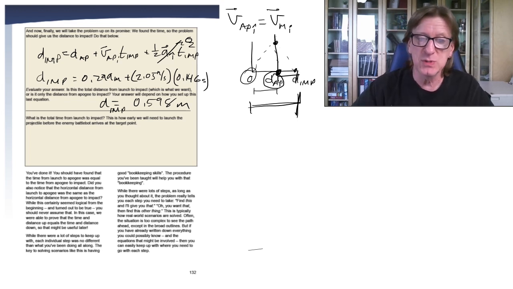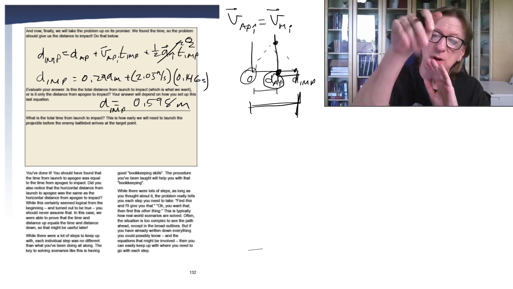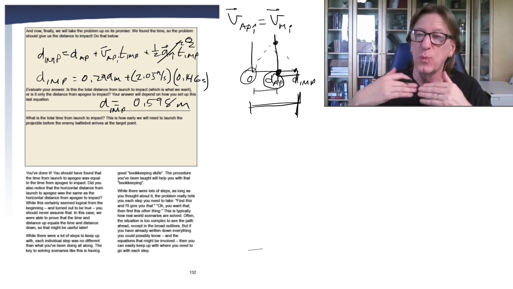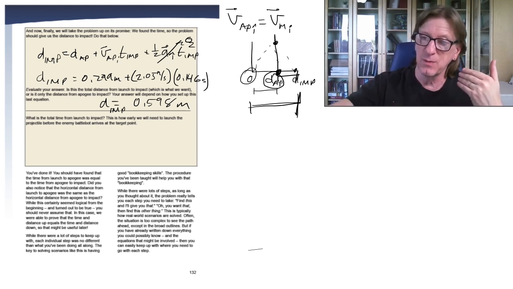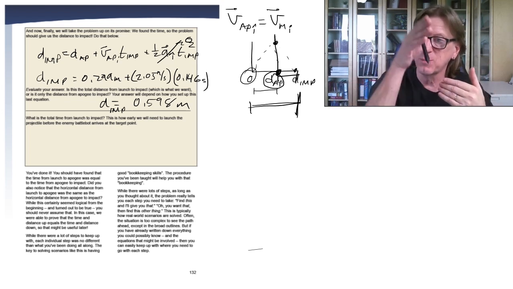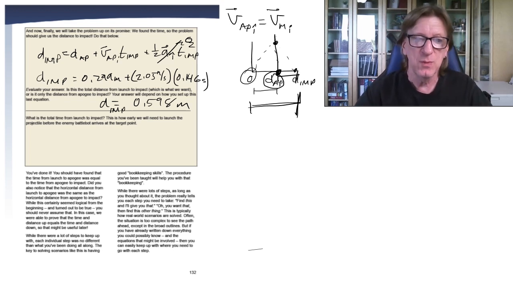Now remember, there was one other thing that we needed. We needed to find where our projectile is going to land, but we still need to know when to launch it so that when the robot reaches that impact point, our projectile will arrive at the same time. Well, the total travel time is similarly just T apogee plus T impact.